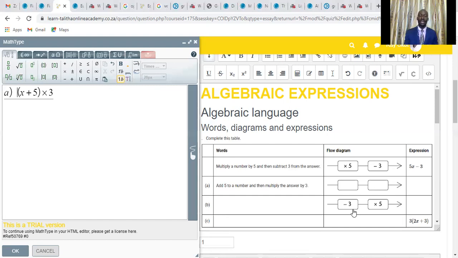Yes, that is how the wording would be. So the wording would be: subtract 3 from a number, and multiply the answer by 5.